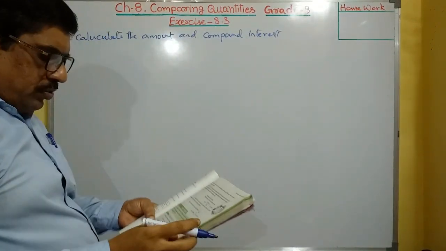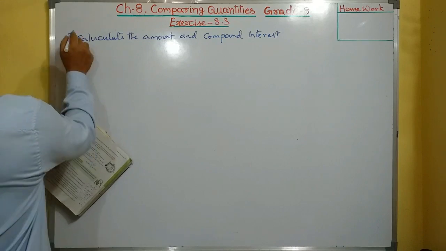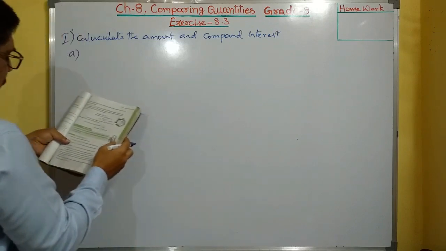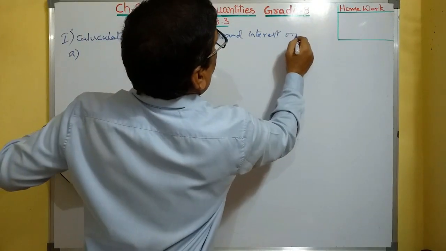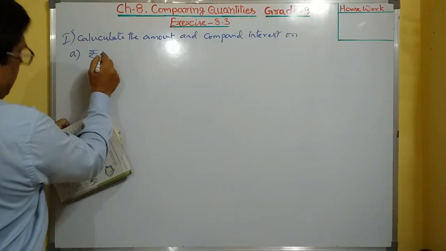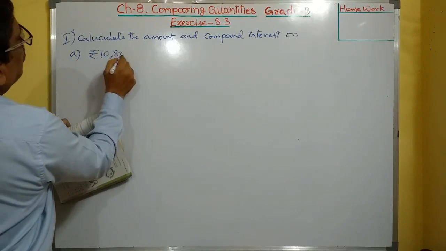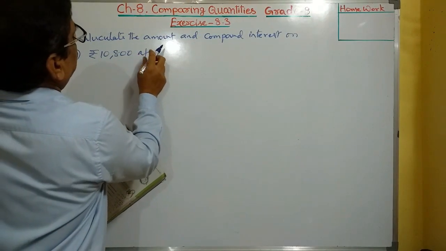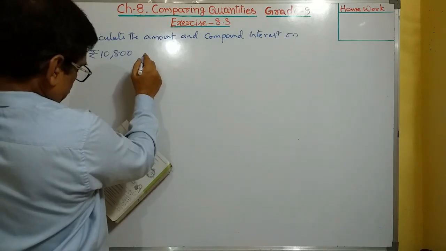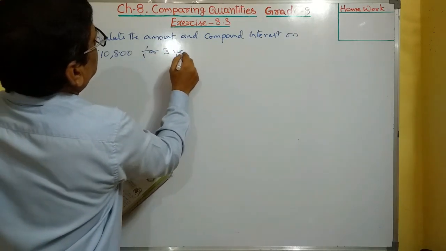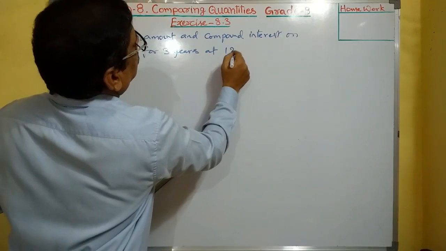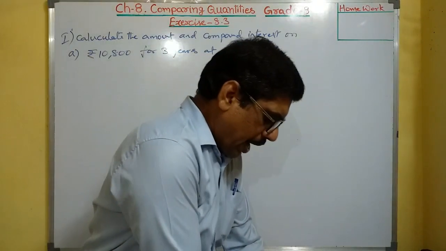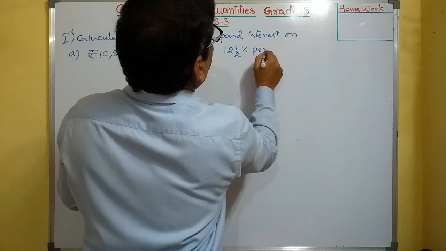So for the given problems, the first one is the problem A. The problem A is rupees 10,800 for 3 years at 12.5% per annum compounded annually.